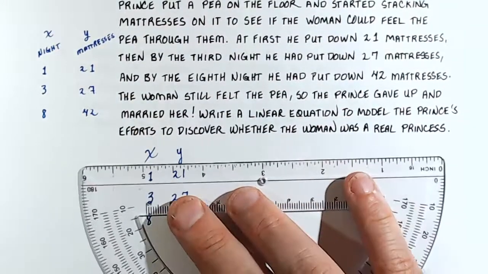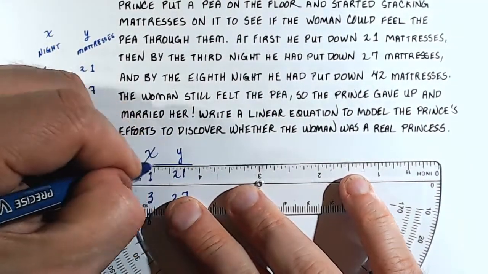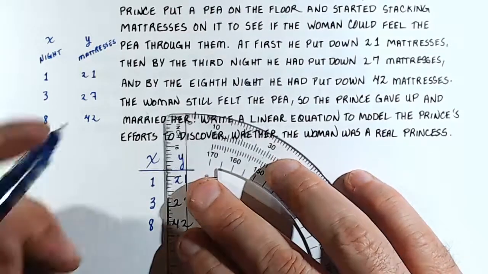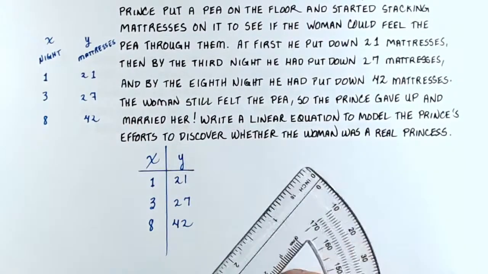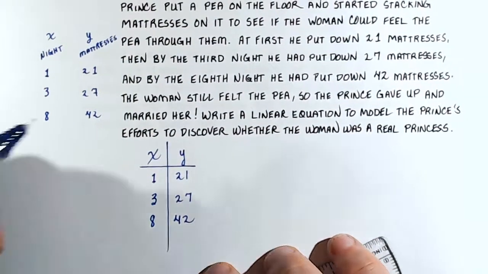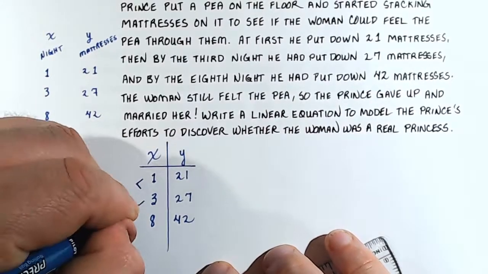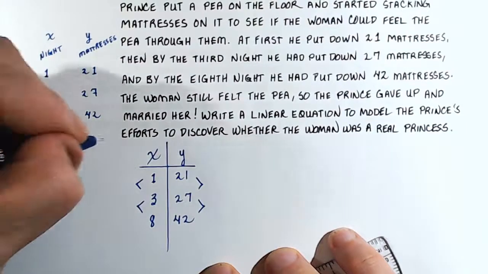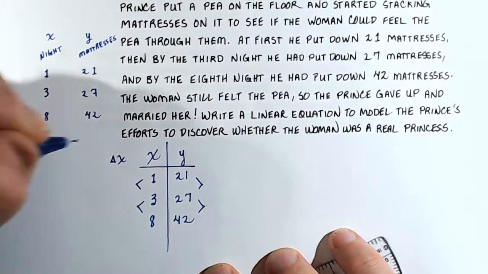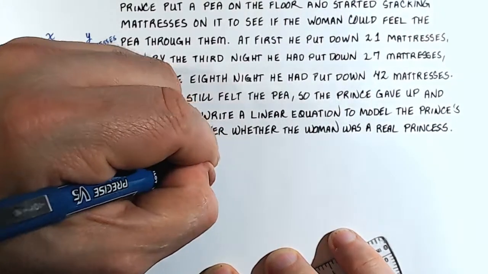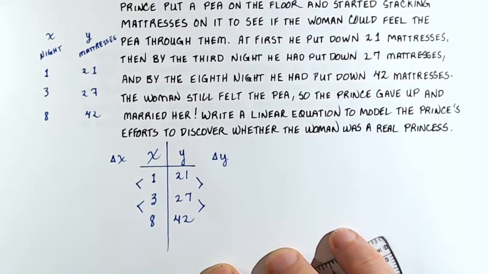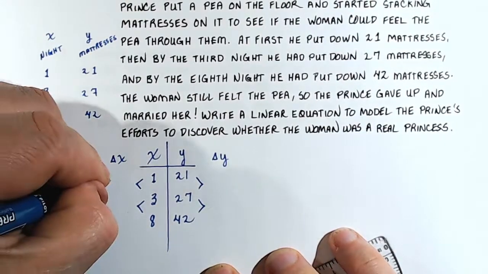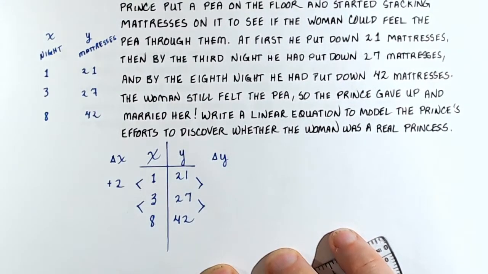Okay, so we got our table. Right, so now we just need to compute the change in the X's and the change in the Y's. So I've got change in X here, change in Y here. From 1 to 3, well, that's plus 2.